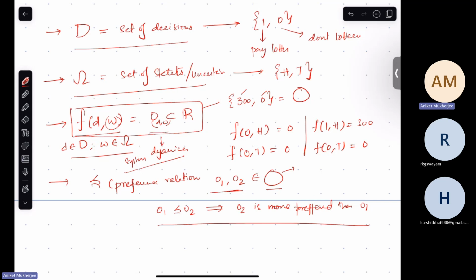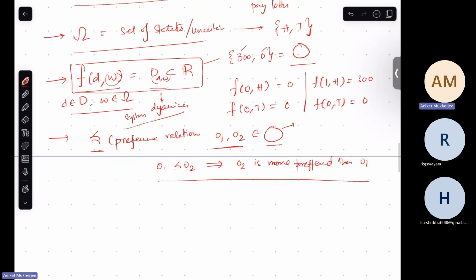The outcome is random because omega is random, but the outcome can take values from a certain set, right? And from that set, you can always have an order relation saying that I would prefer this outcome over this outcome, but you don't know which outcome would happen because of the uncertainty in the system. Okay, I hope it's clear till here.